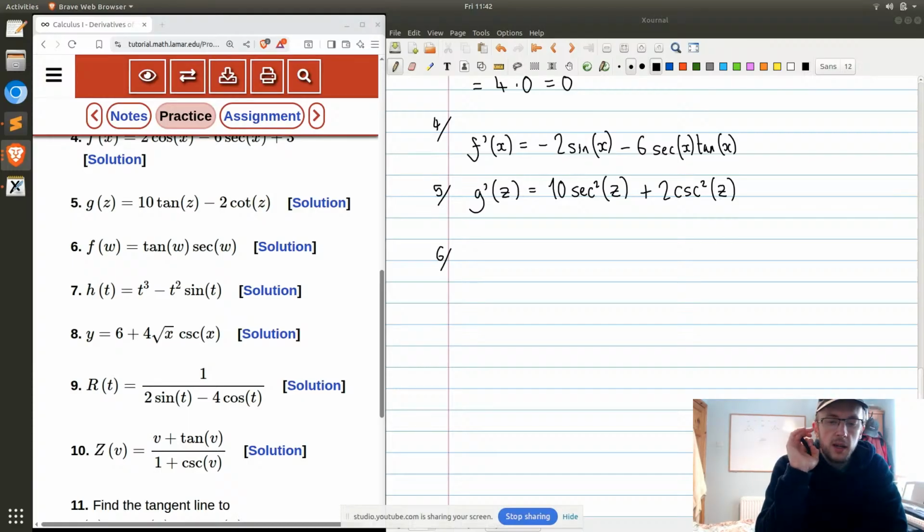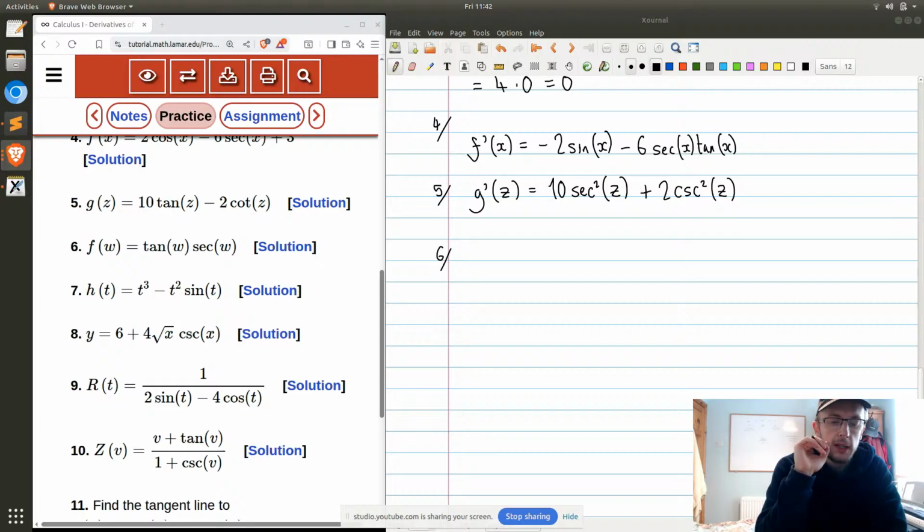d by dx of sine x is cos x. d by dx of sec x is... no. Keep jumbling those up mentally, right?